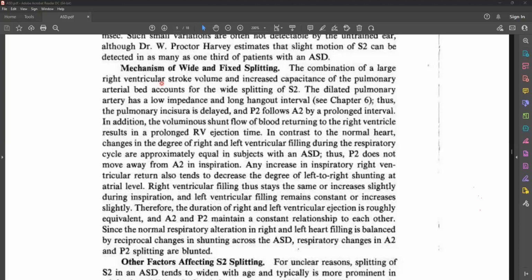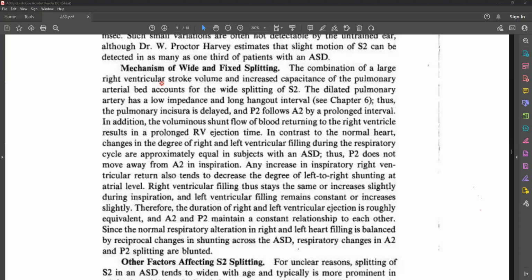Now, for the P2 to occur after A2, the pulmonary artery impedance should be normal. What will happen when the pulmonary bed impedance is less? The pressure doesn't translate quickly. So in atrial septal defect, because the pulmonary artery impedance is low, even after the pressure of the right ventricle has decreased, the pulmonary artery will not lead the valve to close quickly.